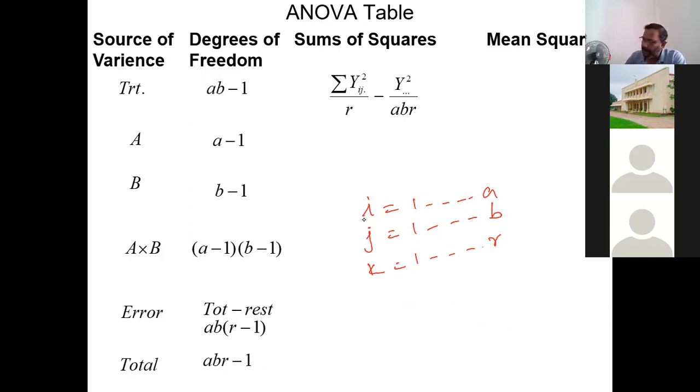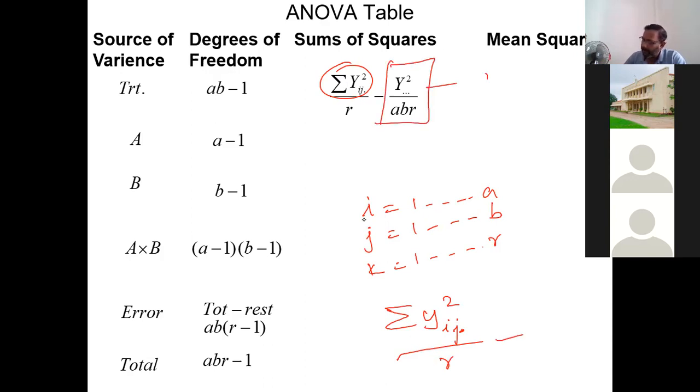So the treatment effect is given as such: summation Yij dot square divided by R, because Ij includes A and B, minus the correction factor.